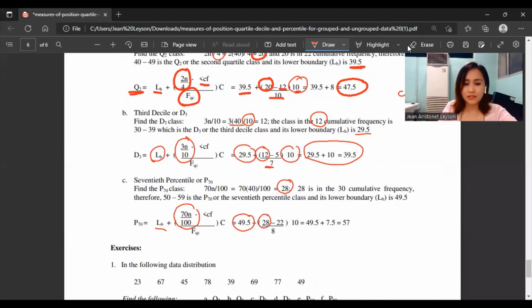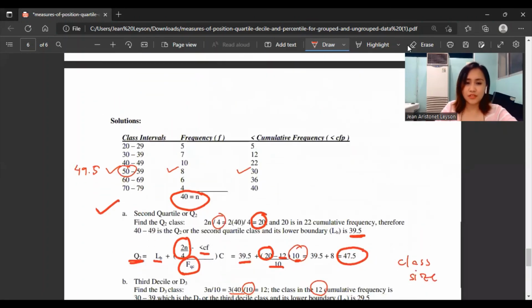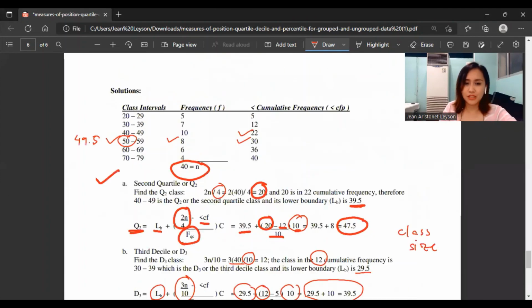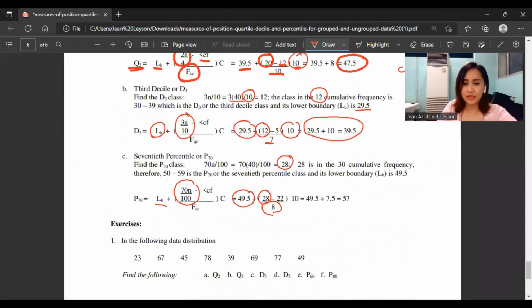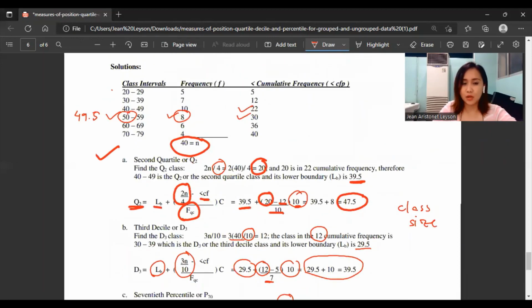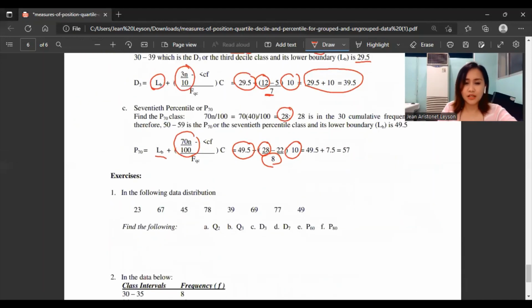Then less than cumulative frequency. The cumulative frequency right here is 30. Less than that, we have 22. 22 divided by 8, 8 is the frequency here. Then 10 right here, again, that's the class size or the class width. That's the same for all, since 10 is the interval between the lower and the upper limit for all class intervals. Then simplifying, you can use your calculators.